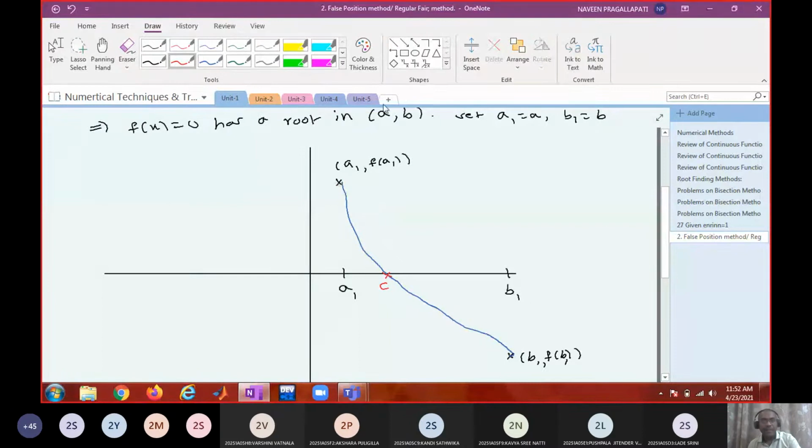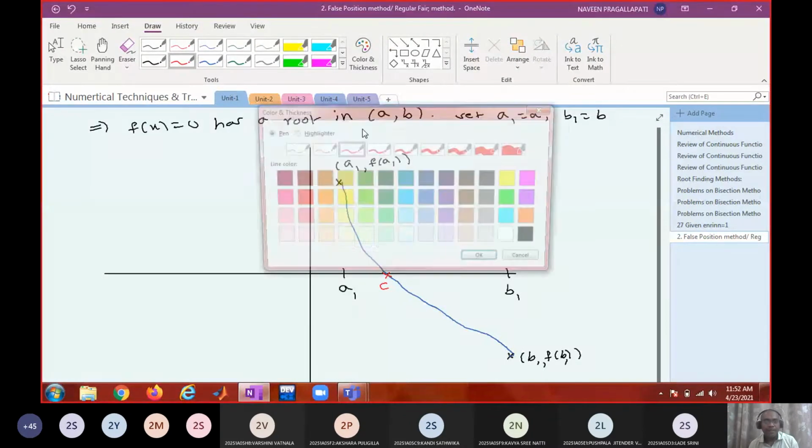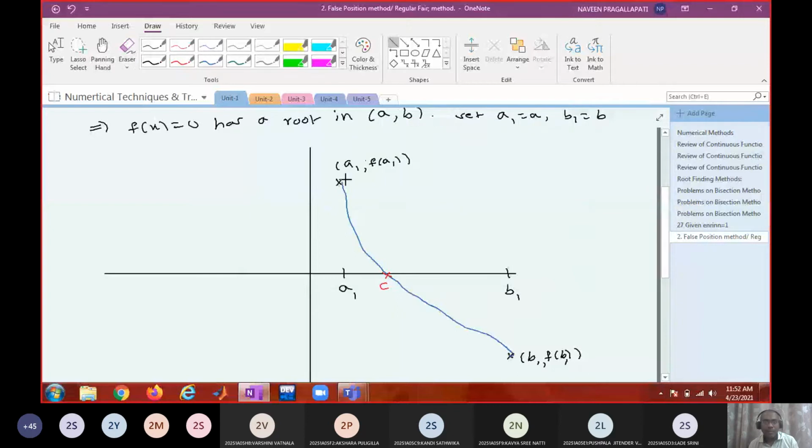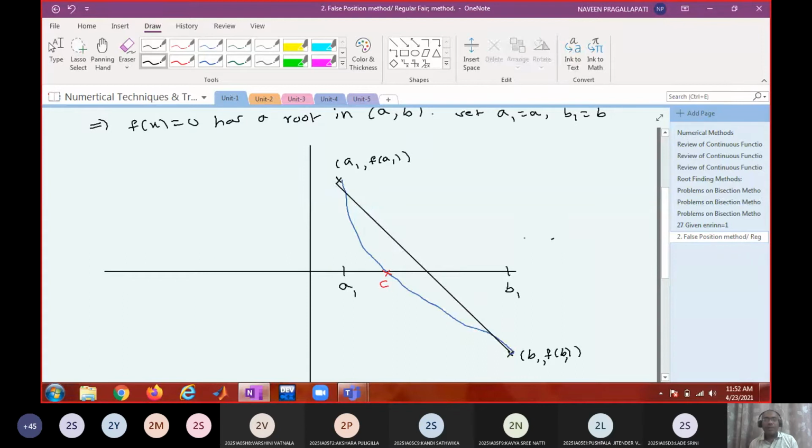See where this line is crossing the x-axis. That is going to be your first approximation. I will call this C1.